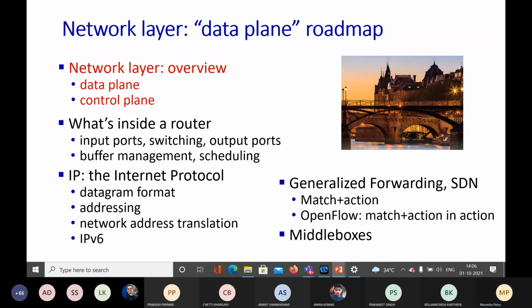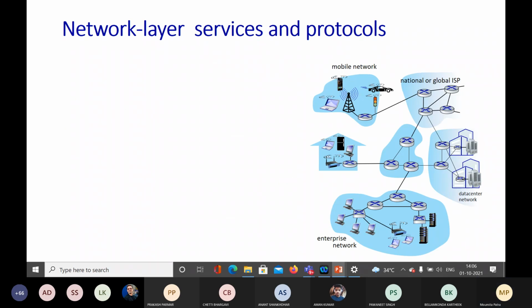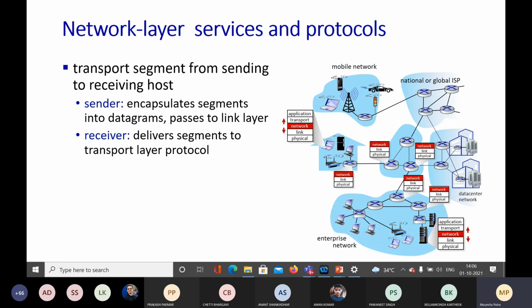Okay, all right. So as I already told you earlier, this diagram is going to be our base diagram always. Until now we have done up to the transport layer. Today we are going to start with the network layer.